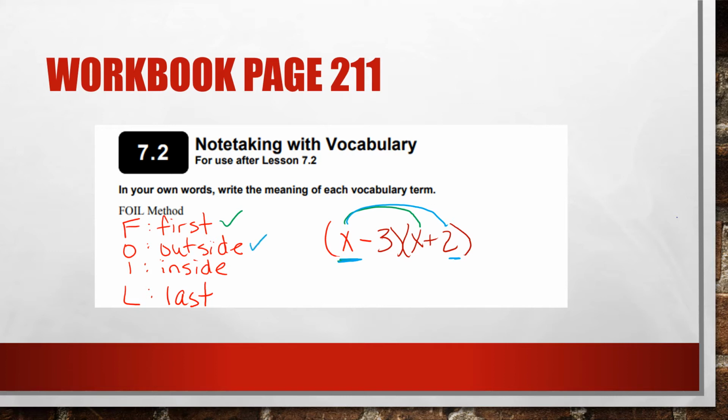That would be the outside. And then the inside is going to be the negative 3 times x. That would be the inside. And then the last is this negative 3 times 2. So one way you could look at it is taking the x and distributing it, then taking the negative 3 and distributing it.